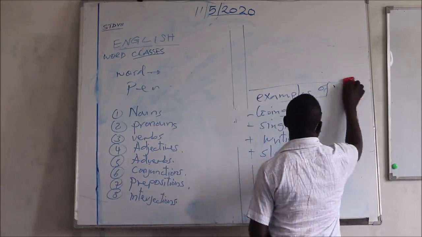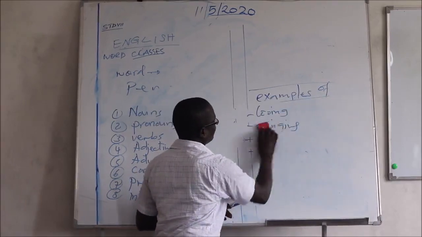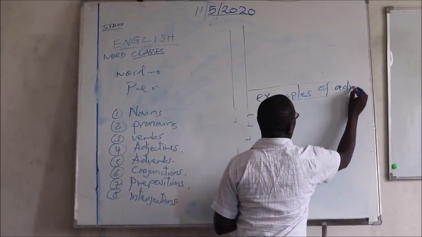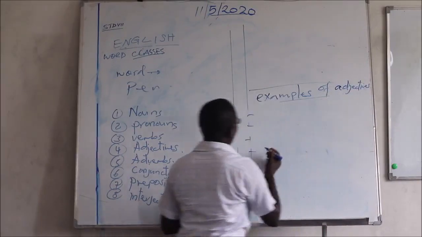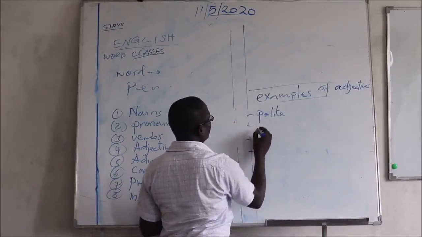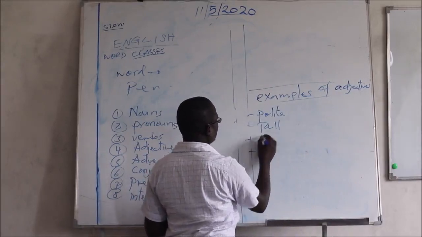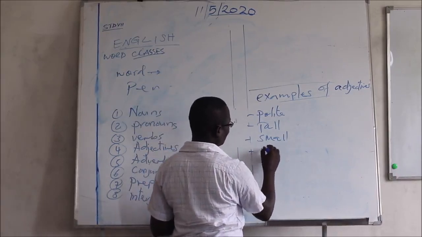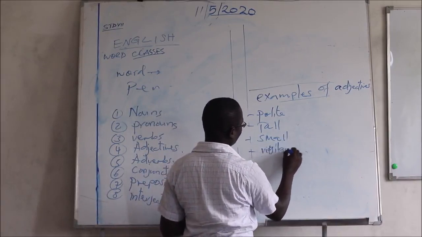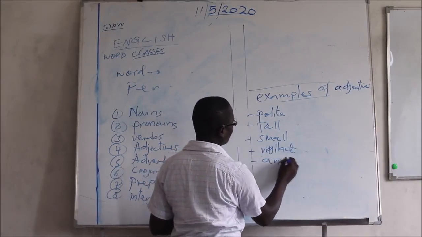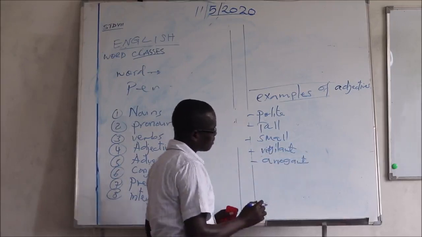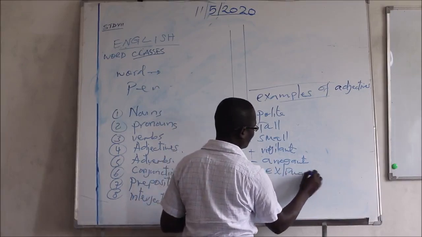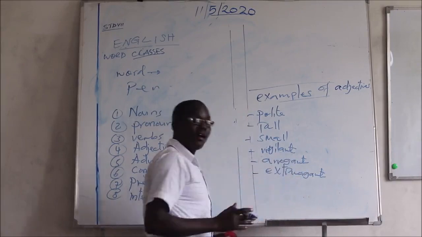Examples of adjectives: polite, tall, small, vigilant, arrogant, extravagant, and other examples.